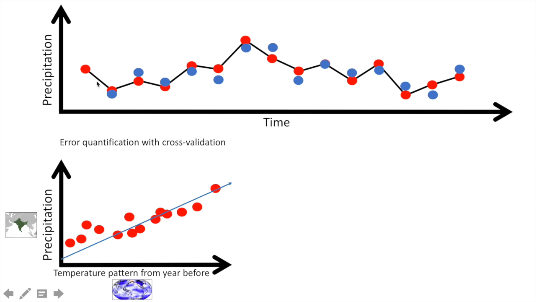And so now you have a distribution of the actual observed precipitation over time and what was forecast for the precipitation over time based on the previous year's surface temperature pattern and not using the data from every single year in terms of the actual forecast.